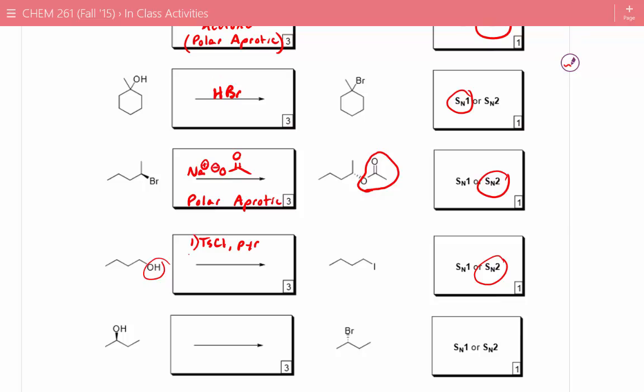And then step 2, what reagent should I use? We've converted our alcohol into an excellent leaving group, but we haven't substituted it yet. Let's do sodium iodide. We need I-. We want a stronger nucleophile in this case. We don't need to protonate anything. So we'll just use sodium iodide and polar aprotic.